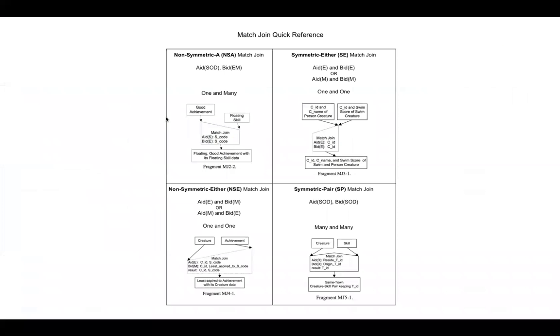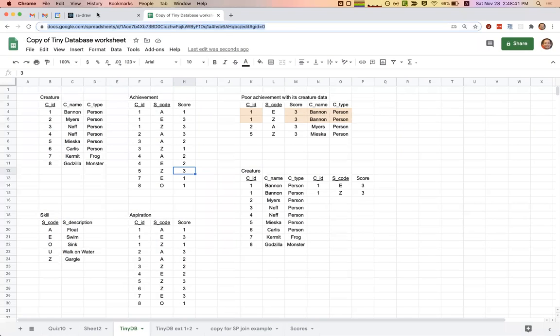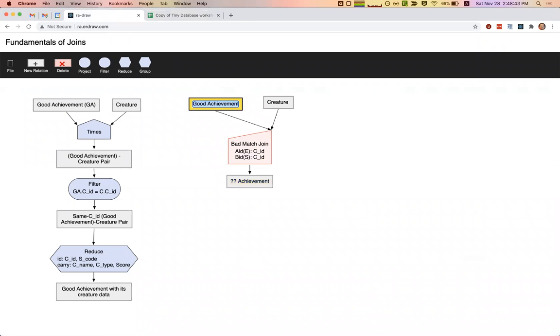Another scenario you can have is a symmetric either join, where you have exact and exact. So here we have CID and CNAME of person creature, CID and swim score of swim creature. The point is that we have CID and something of something creature, and we have CID and something else of something else creature.